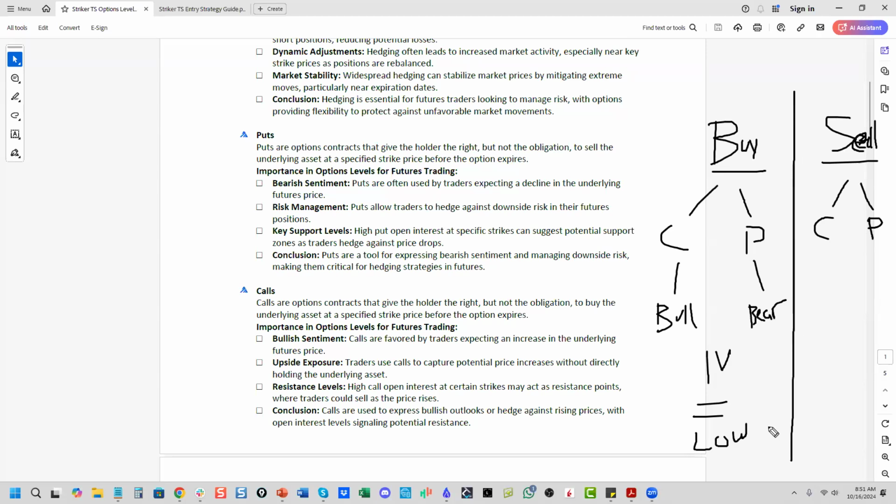If I'm a seller of options, to sell calls is bearish, and to sell puts is bullish. It's reverse. And the only time you do this is when implied volatility is high.